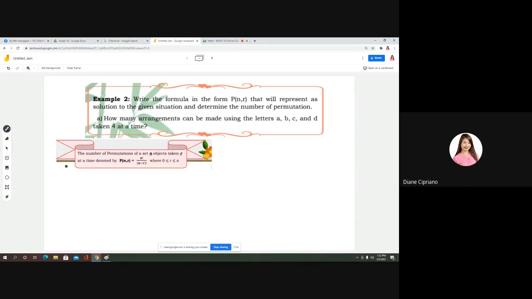So your object, okay, the formula is P(n, r) is equal to n factorial over n minus r factorial.